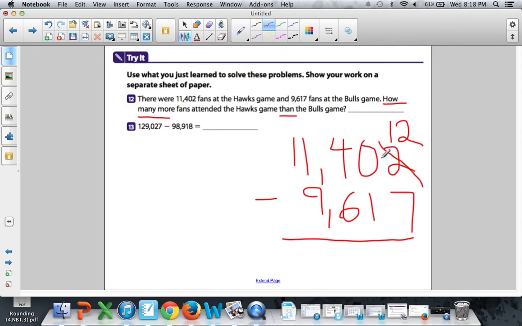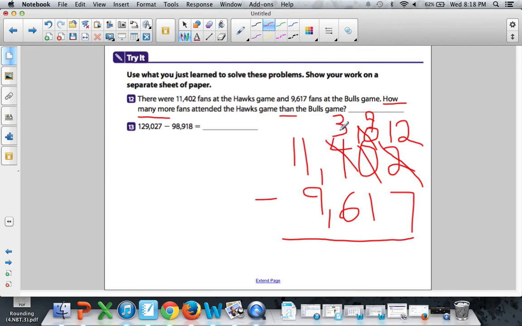This 0 has nothing, so we have to borrow for him too. And you have to be careful that you remembered that this 12 borrowed from a 0. So, wow, we actually have to turn that into a 9. And where did this 0 get power from? Where did it borrow from? It borrowed from the 4. So that's a 3 now.